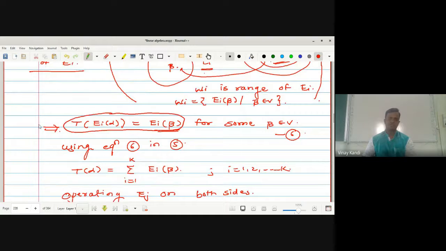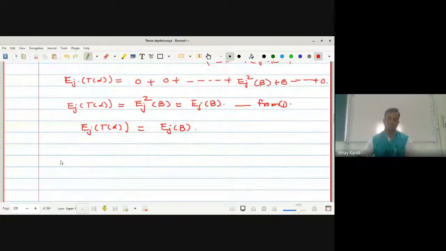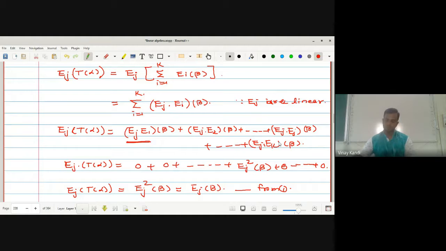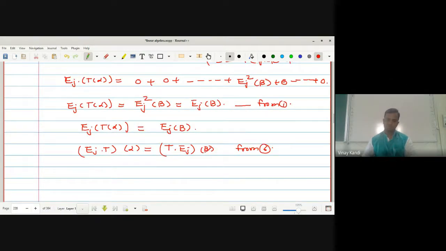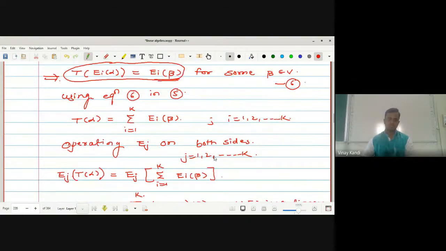E_i of beta is equal to T of E_i of alpha. Put it in: E_j into T of alpha is equal to T into E_j of alpha from equation 6.